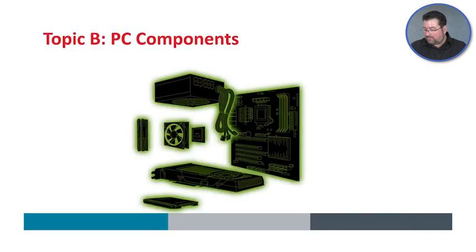All right, folks. So we just went over a bunch of stuff in that topic B, which was PC components. We talked about motherboards. We talked about PCIe. We got exposed to PCIe x1, x4, x16.